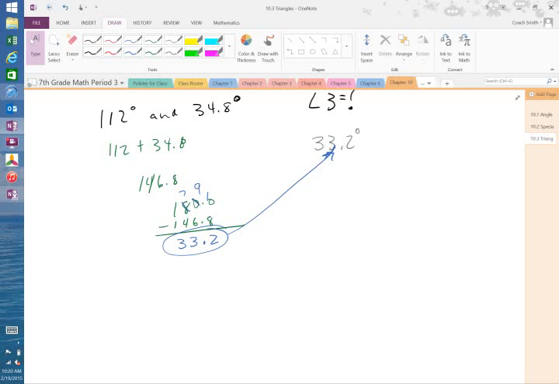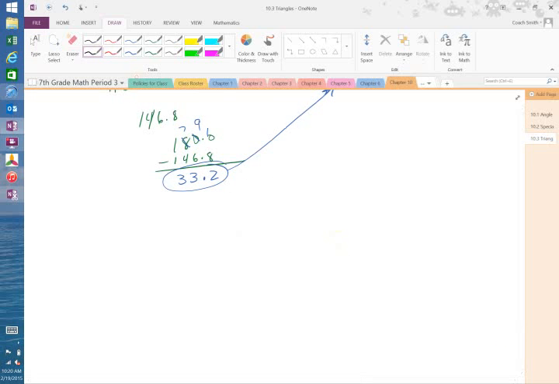All right. Let's look at this one. You have X and Y both missing.